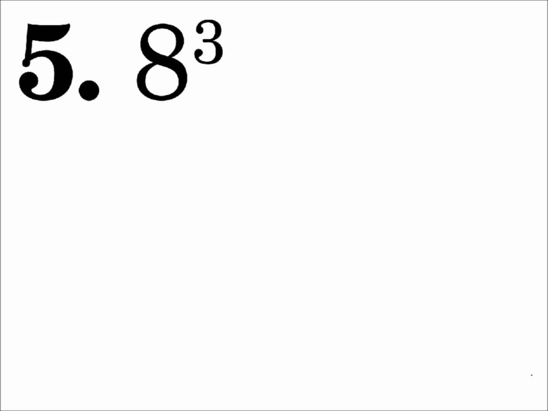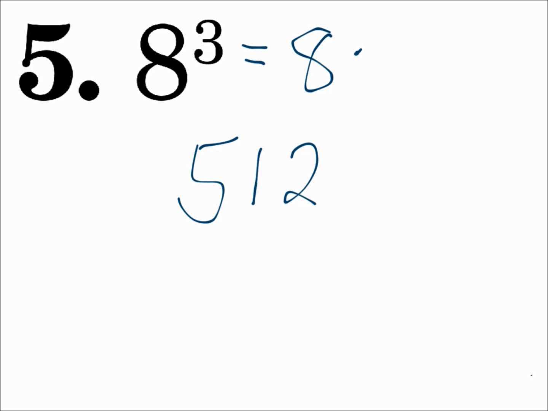Five is 8 cubed. 8 cubed is 8 times 8 times 8, which is 512. Remember, when your only operation is an exponent, evaluate the exponent. And remember, an exponent means multiply the base number by itself that many times.